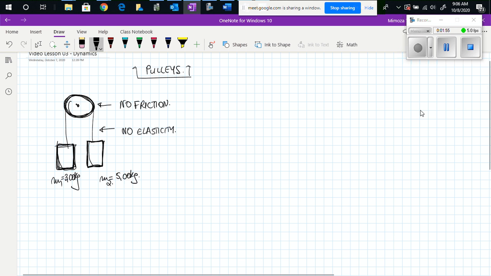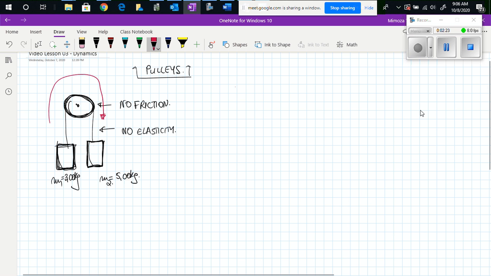Based on this situation, we have an assumption that the pulley will move in one direction, either clockwise or counterclockwise. And since mass 2, on the right, is greater than mass 1, the assumption is that the pulley will move clockwise.